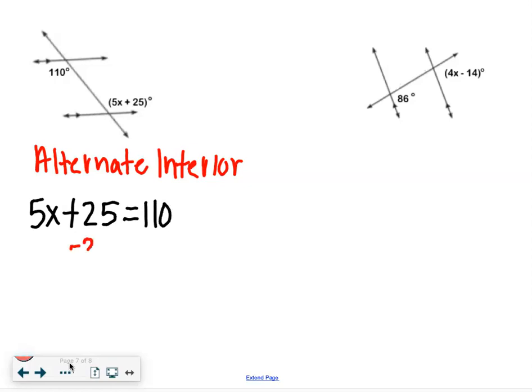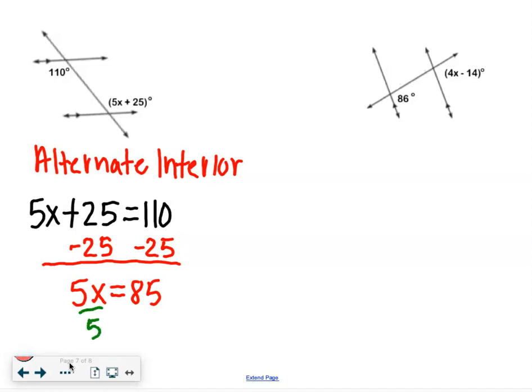Subtract 25 over. Divide by 5. We find that x equals 17. So you guys got?